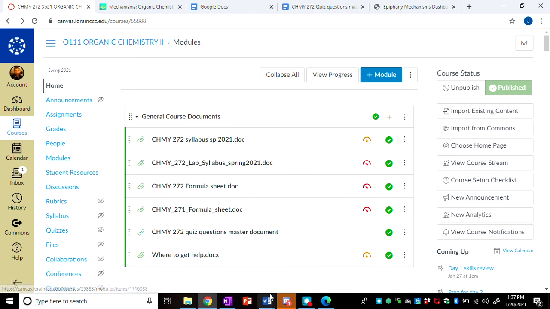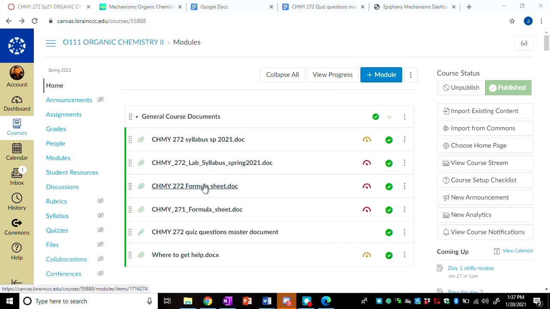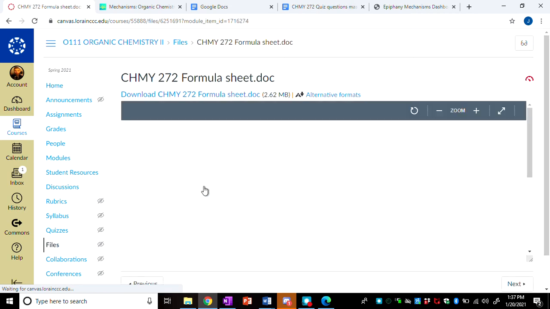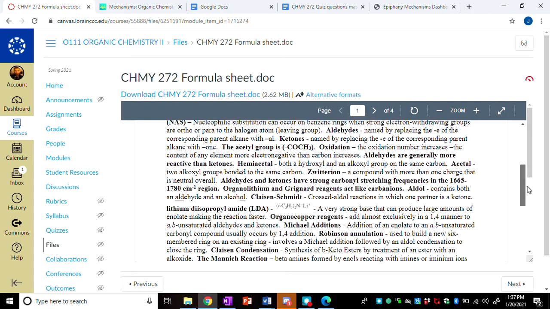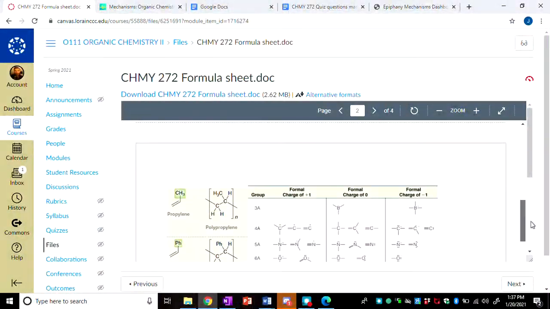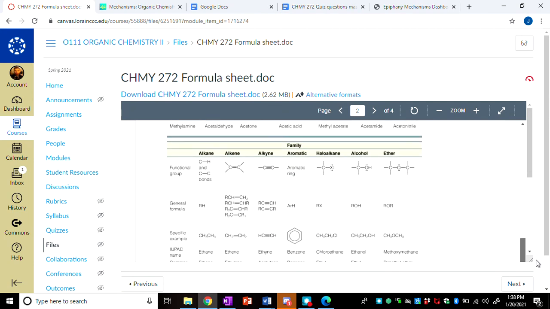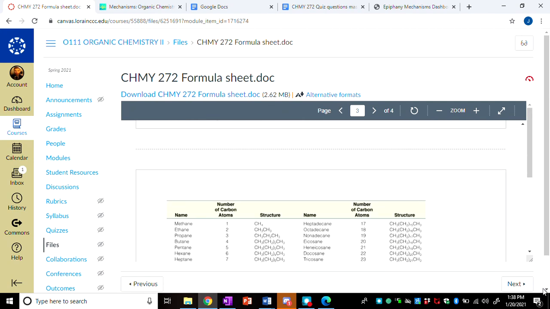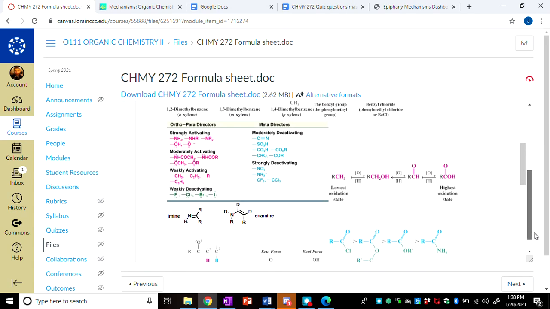If you look at the formula sheet, it's a bunch of definitions and terminology, and then some information about structures and NMR and IR and naming, that type of stuff.